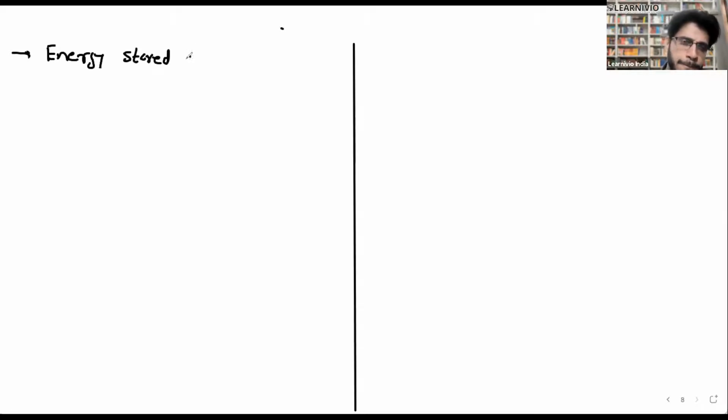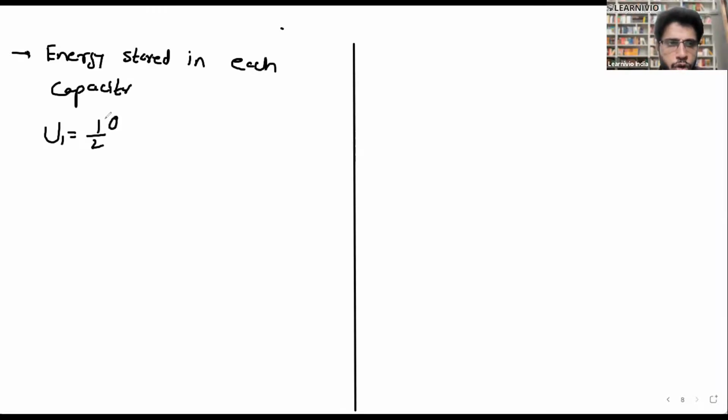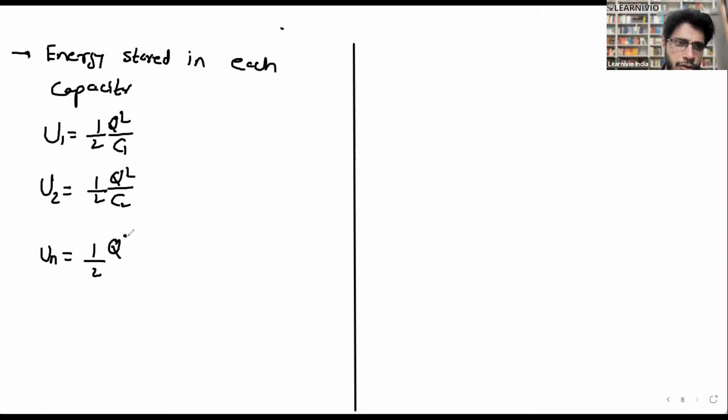No. See, to calculate the energy stored in each capacitor, you can use the expression Q square by C. For the first capacitor, it will be half Q square, total charge, divided by C1. Similarly, the energy stored in the second capacitor is half Q square by C2. Similarly, the energy stored in the nth capacitor is half Q square divided by Cn. This is the energy stored in each capacitor.